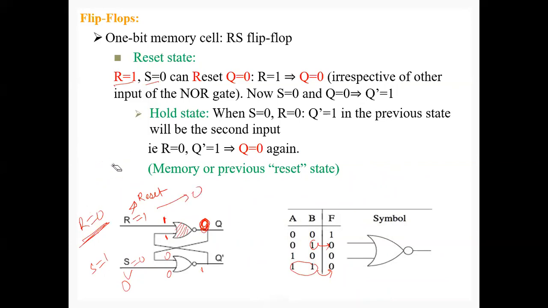So this is the previous case. Let me erase this. Let's change your R equals 0 to 1. So 1 to 0. Here, this is 1, this is 0. So this is 0, this is 1, gives you 0. And this is already 0. And this is 1, this is 1. So this 0 will be there forever.